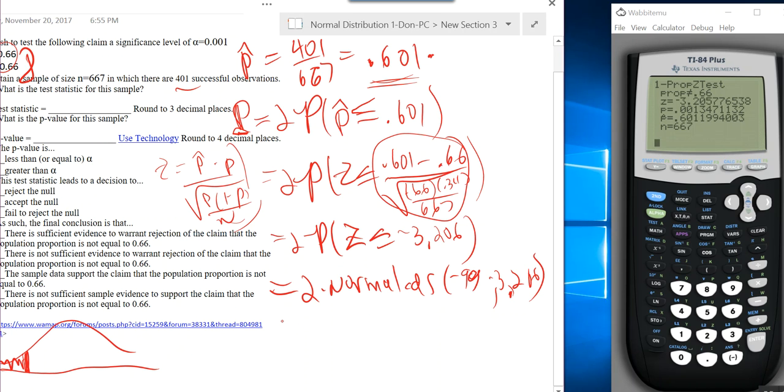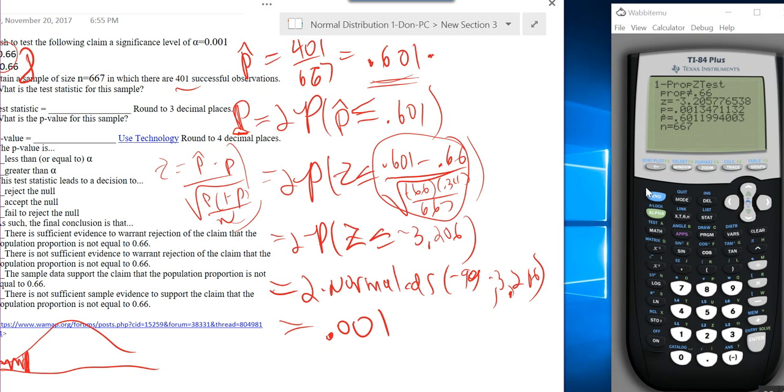And then that value, whatever it comes out to be, when we multiply it by 2, is going to be in the neighborhood of 0.001, which is what it shows on the calculator over here as the p-value.